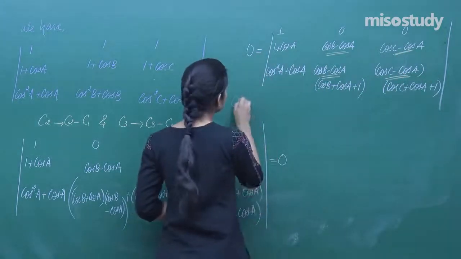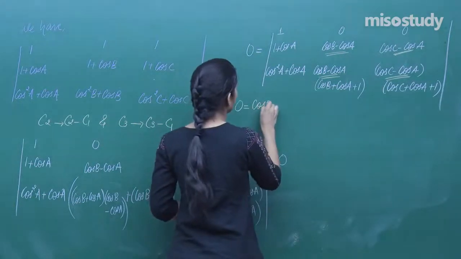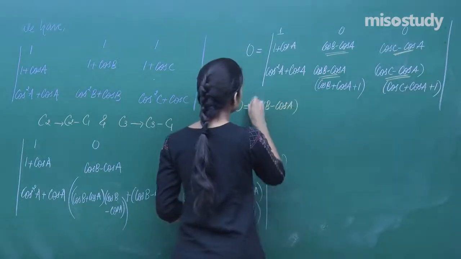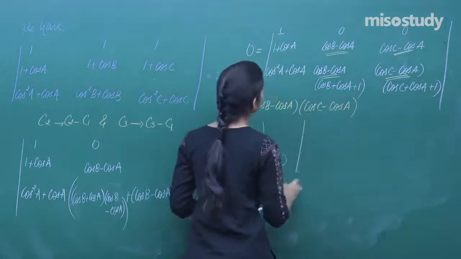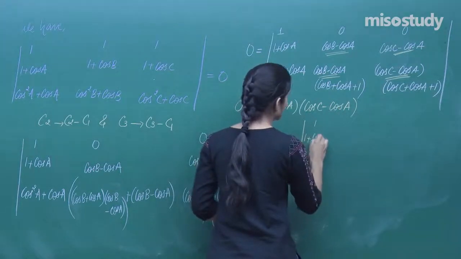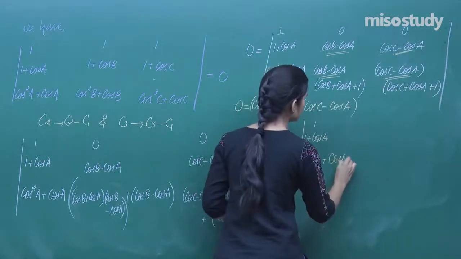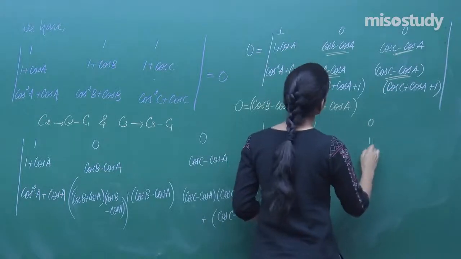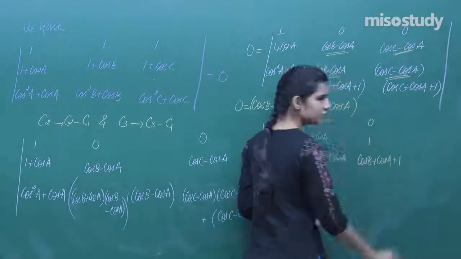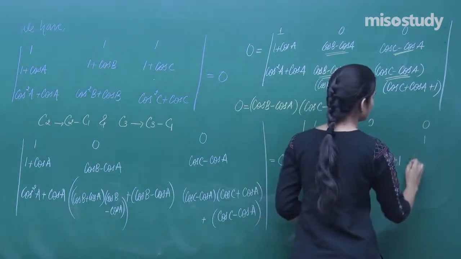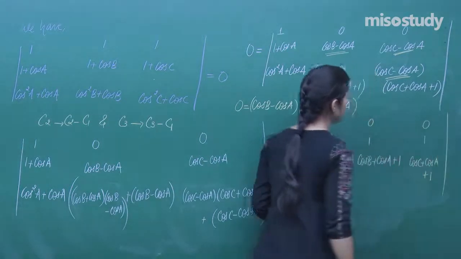So I'll take out cos B minus cos A from the second column and cos C minus cos A from the third column. I'm left with cos B minus cos A multiplied by cos C minus cos A, and inside you have 1 plus cos A, cos square A plus cos A. Here you have 0, 1, cos B plus cos A plus 1, and here you have again 0, 1, cos C plus cos A plus 1.